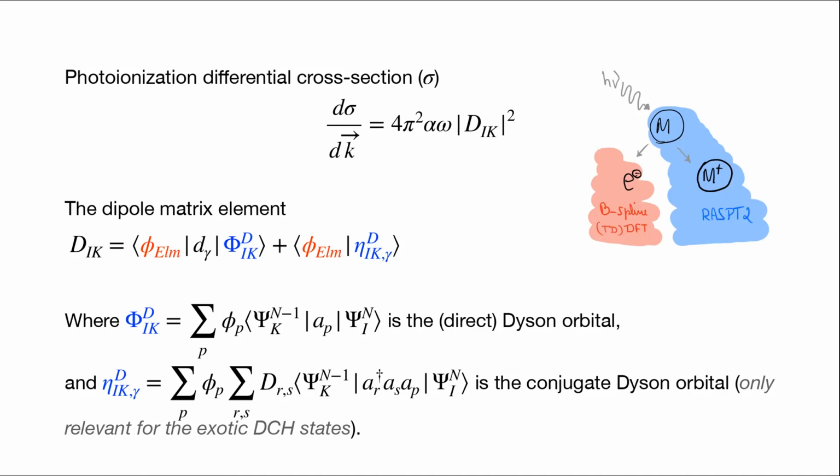They are the Dyson elements, or the Dyson orbitals. So this Dyson orbital, you can think of as some kind of reduced one-electron transition density matrix. And the conjugate Dyson orbital, which enters this piece of the expression, is a kind of reduced two-electron transition density matrix, right? And so putting it together and integrating numerically, we have what is needed to compute the photoionization cross sections.